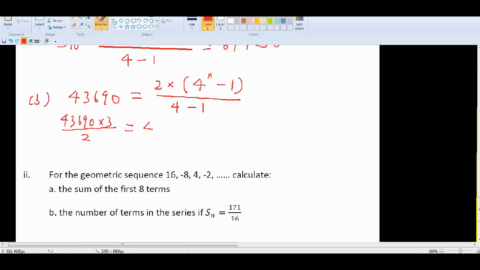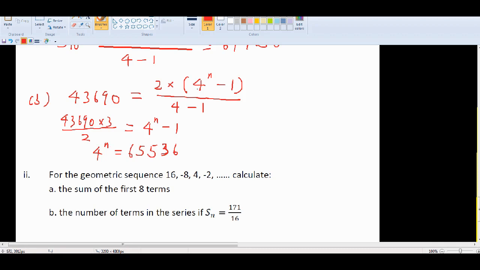I'm going to have 4 to the power n minus 1. Use your calculator to do the calculation on the left hand side, and then plus 1 to that. You will have 4 to the power n equals 65536. Then all you need to do is find integer n.